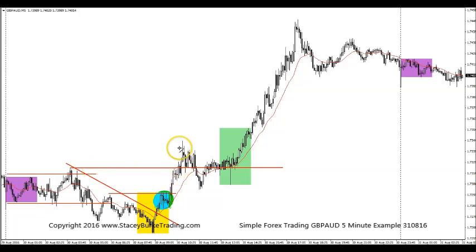But we know that now as New York opens, we look and do the same thing. So we've got the Asia high and low that potentially could be acting as support and resistance. We've got the Europe high that's gone into place, and then we look for the market to open up into the New York session, and there we see what I call the gift, where we see that clustering effect.